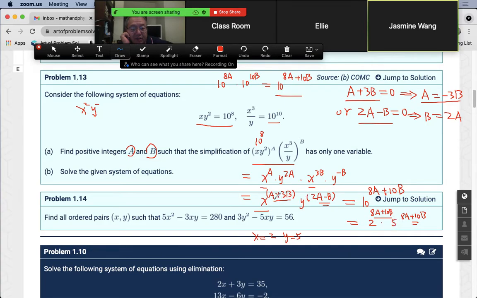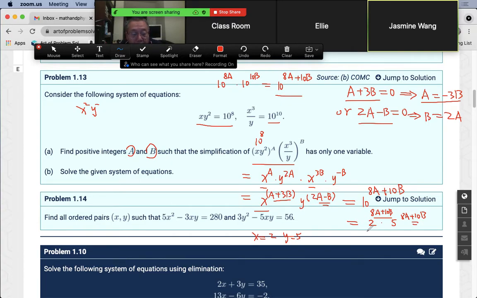Now let's see. If this one equals this, what can we get? And also, let's say if this one equals 0, and we got another one, this one equals this. And we got this one equals this.